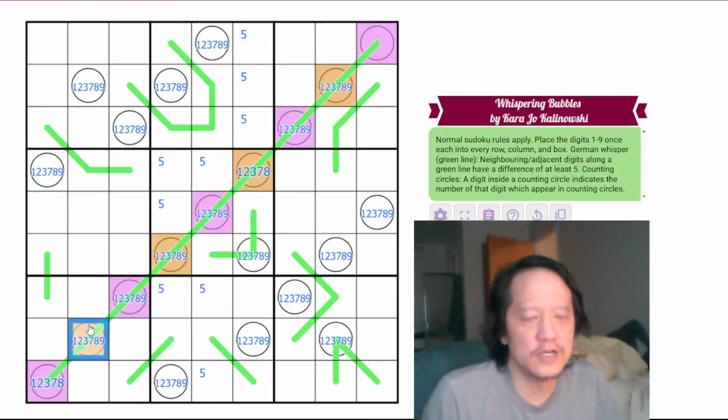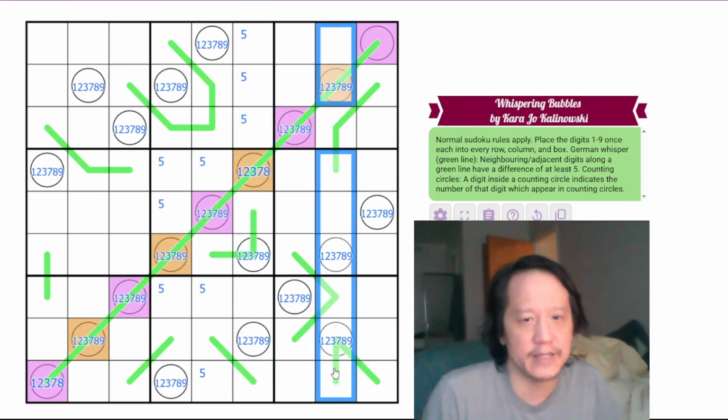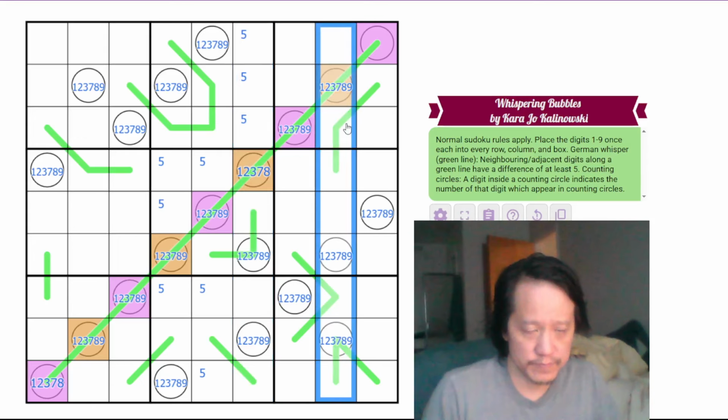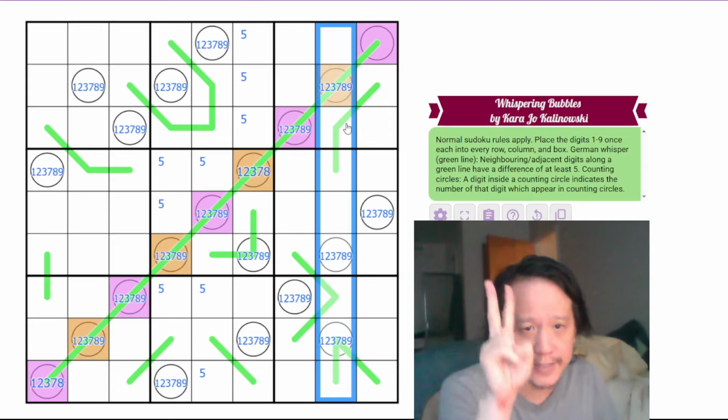Orange, if they are the high digit, that would mean in column 4, column 6, and column 8, you would guarantee only 2 high digits.